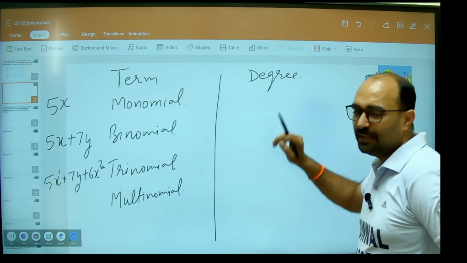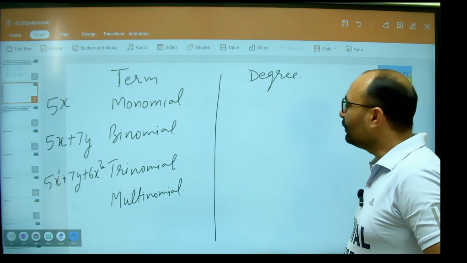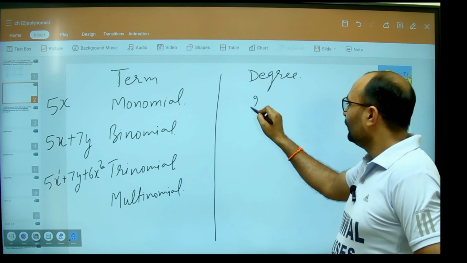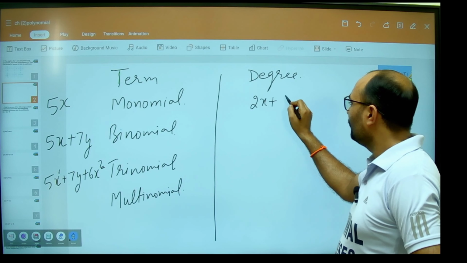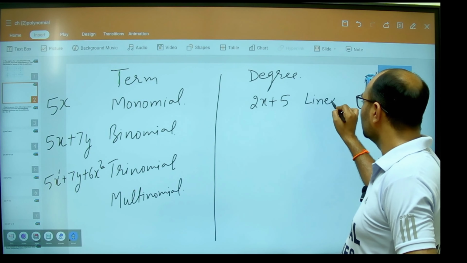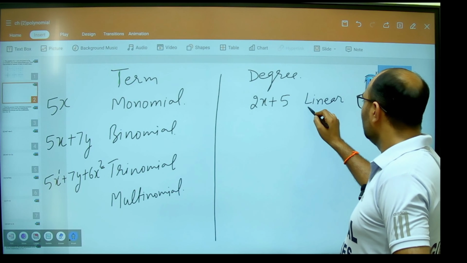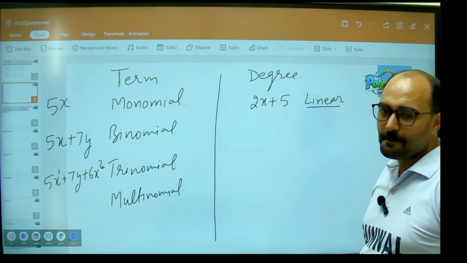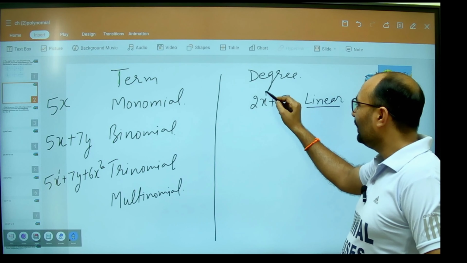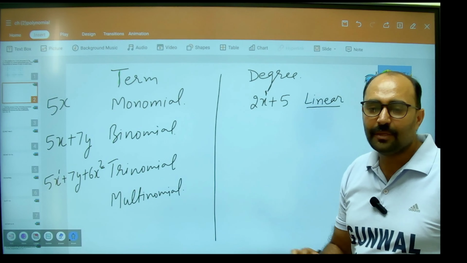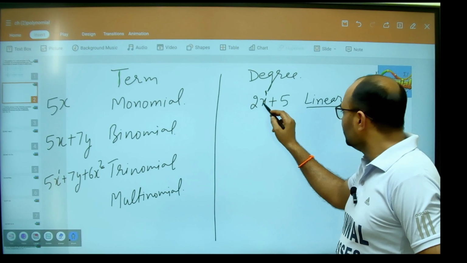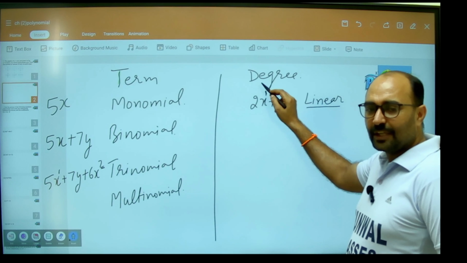On the basis of degree, let's say 2x plus 5. This is a linear expression. Linear means the exponent of the variable is 1. One variable is there and the exponent is also 1.